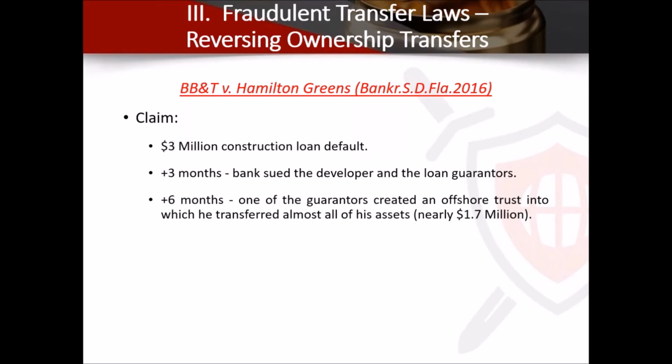And guaranteed the debt. He got the loan, bought the property, the investors put their money in. Interestingly, you had a number of wealthy investors, several of them guaranteed the debt. And the property was very valuable when they started the transaction.